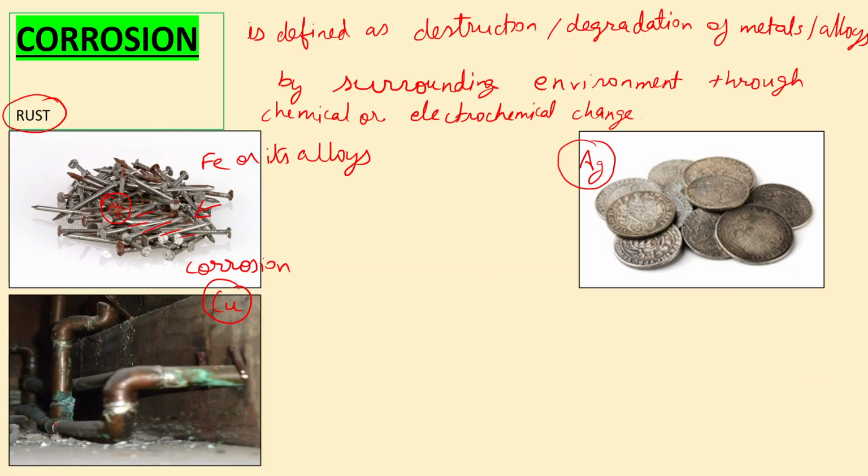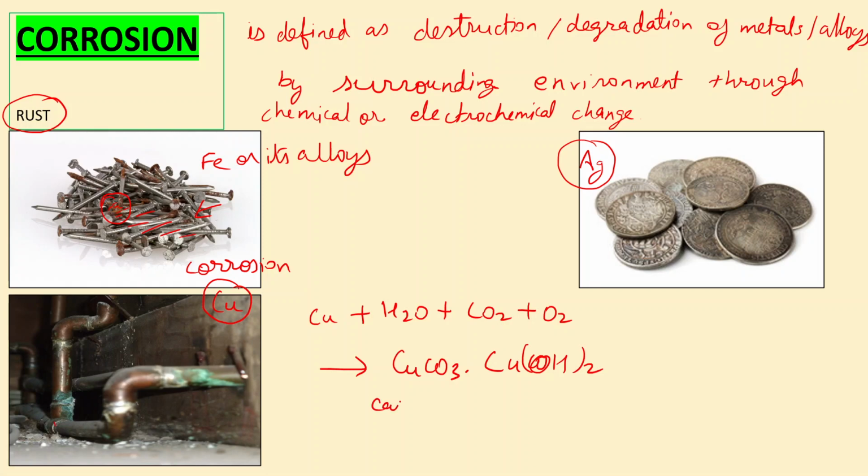This is an oxidation reduction reaction, and this is nothing but the chemical formula for rust of iron. Right? Now if we look at copper, what happens in the case of copper? Copper reacts with water and carbon dioxide and oxygen, or we can say moisture and different gases in the air, to form copper carbonate and copper hydroxide.